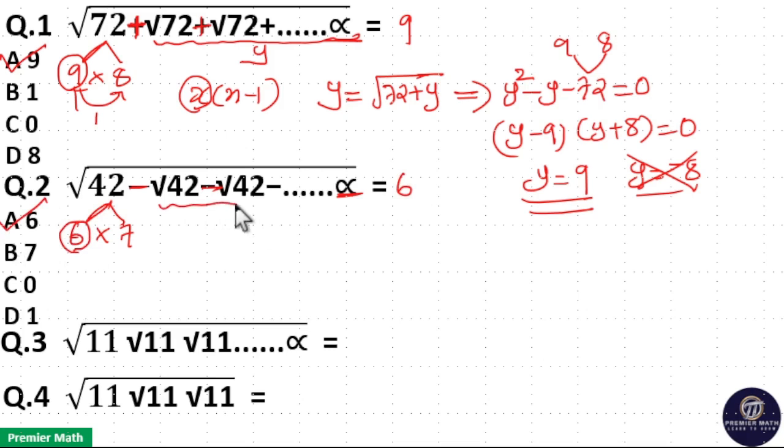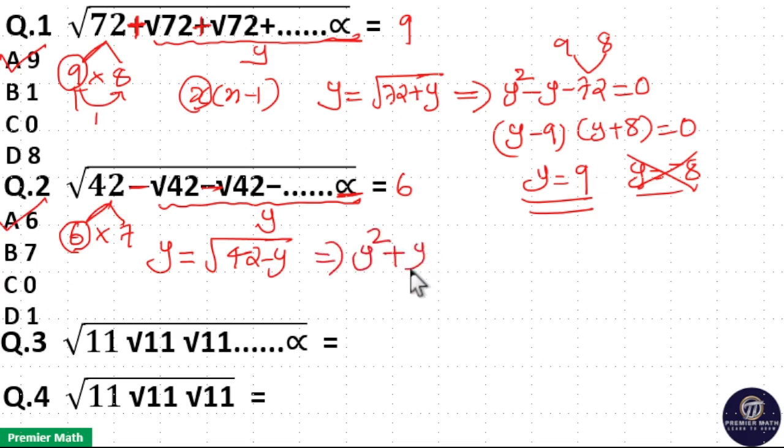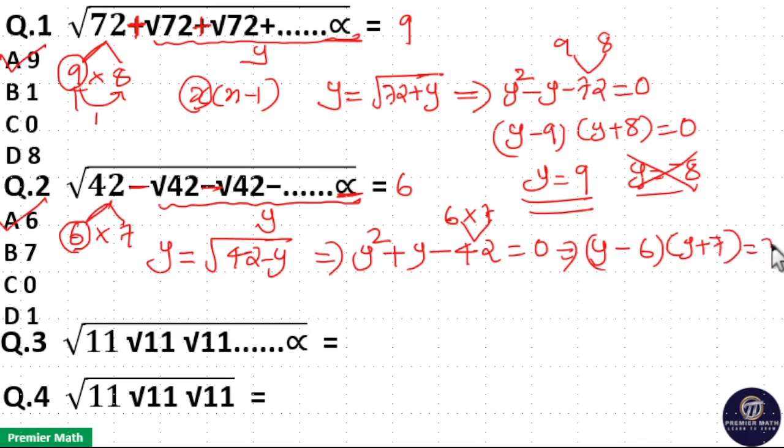That is, here root 42 minus root 42 up to infinity, take it as y. Then I can take this whole term as y. So y is equal to root of 42 minus y, which means y square is 42 minus y. Then y square plus y minus 42 equals 0. 42 is equal to 6 into 7, so I can write it as y minus 6 into y plus 7 equal to 0.